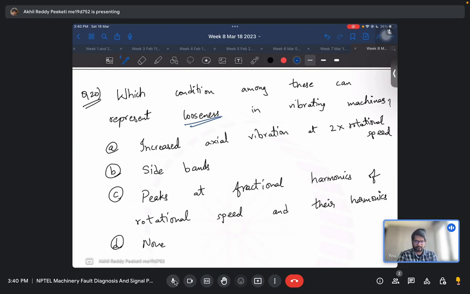So now, after unbalanced masses, we are looking at looseness. So if there is looseness in a vibrating machine, how will it look in the frequency spectrum? What will be the characteristic of this looseness?